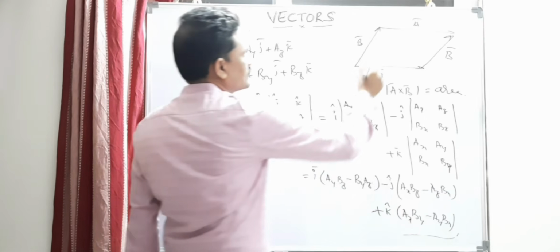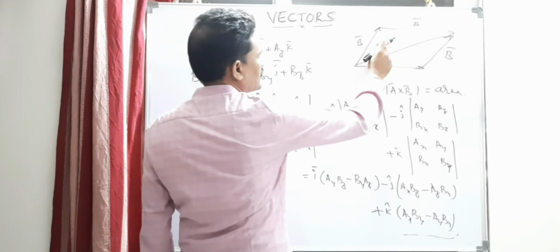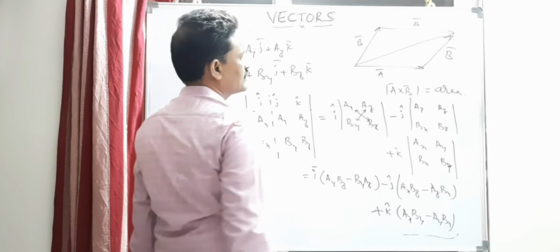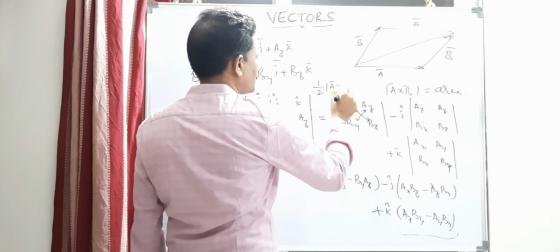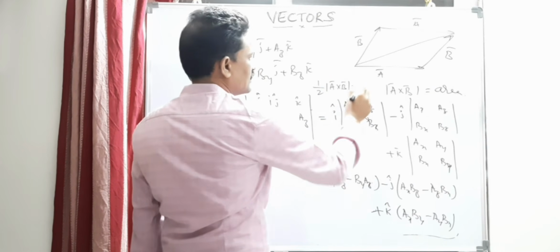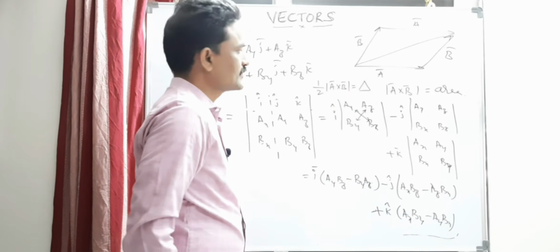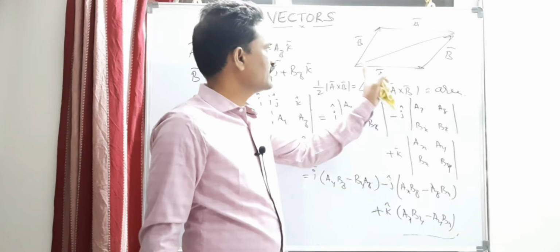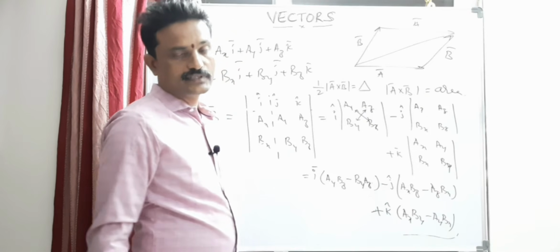I can cut it into two halves: this is one triangle, this is another triangle. Another formula I can write: half of the modulus of A cross B is equal to the area of the triangle whose sides are A and B. The modulus of A cross B is the area of the parallelogram whose sides are A and B. Is it clear?